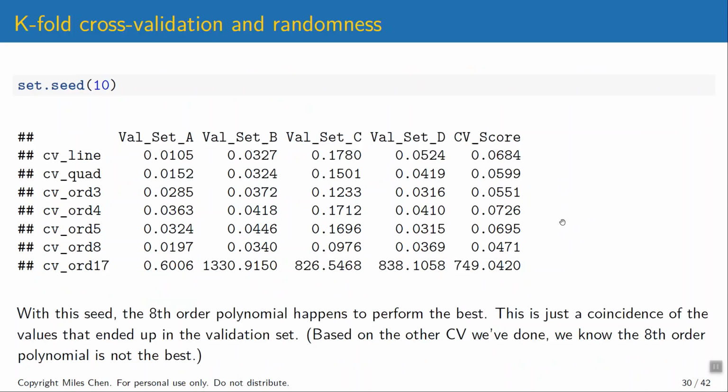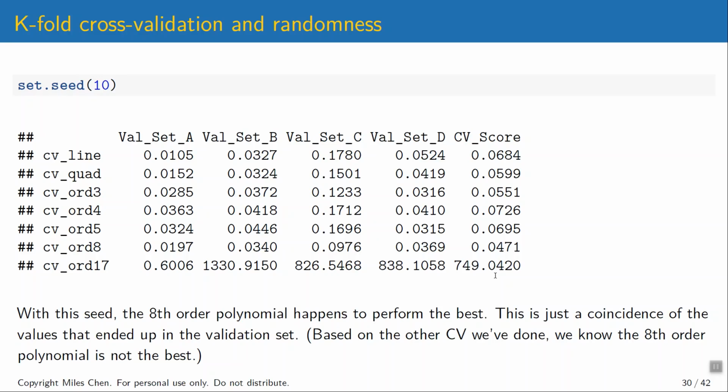However, if I changed the seed another time, and I fit k-fold cross-validation, in this case, it just so happened that when I look at the mean cross-validation score, the 8th order polynomial happens to be the best performing one. Okay, so we see the linear and the quadratic, and then the 3rd order polynomial goes down, and then the other ones do poorly and go up, but somehow the 8th order polynomial happens to do the best.